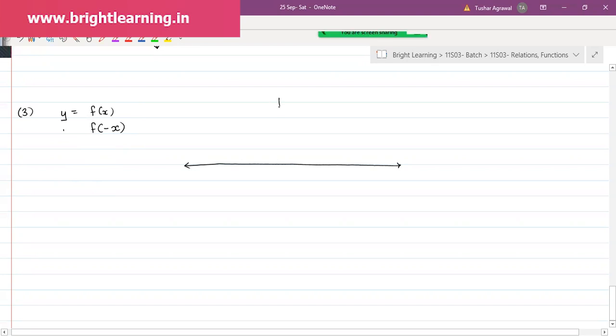We will not try to understand this using the mod example or any one particular function. Now consider any general function. Let's say the graph is this way.